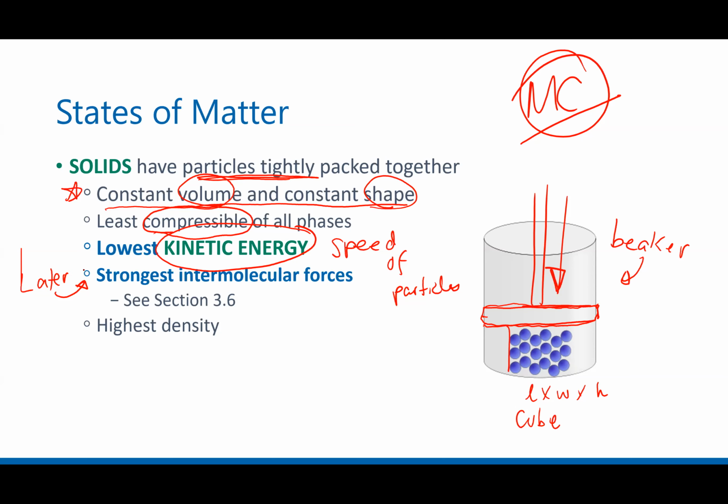The last thing I'll mention is that solids have the highest density of all the phases. Because the particles are so close together, their mass related to their volume is very high.